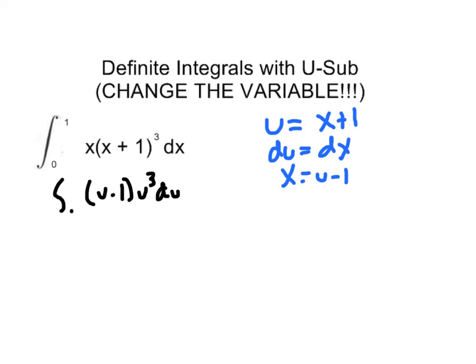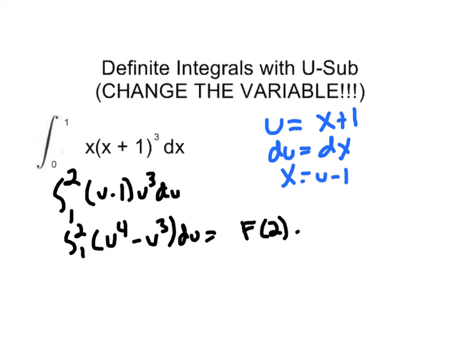My new limits are now 1 and 2. I distribute that u cubed and it turns into the integral from 1 to 2 of u to the 4th minus u cubed du. So that's going to be equal to big F of 2 minus big F of 1.